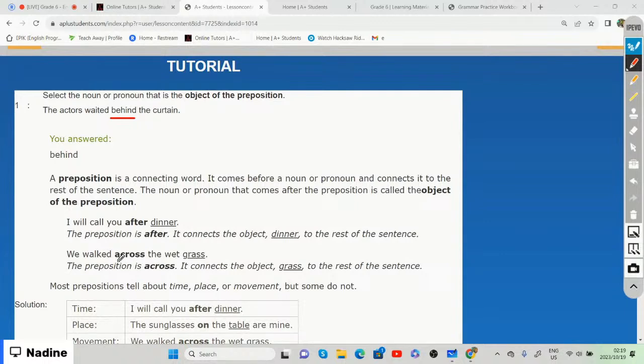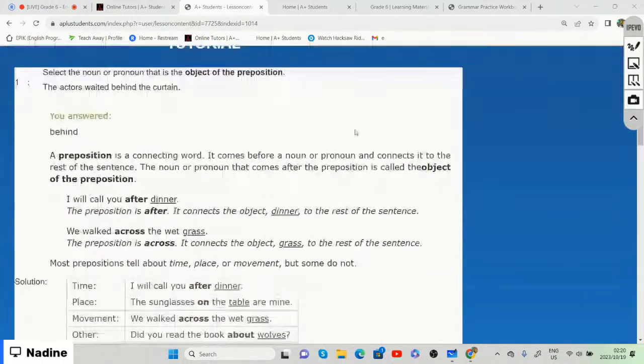And the noun that comes after the preposition behind is curtain. Curtain is the object of preposition. The word behind, which is the preposition, connects the object to the rest of the sentence. So curtain is the object of preposition.